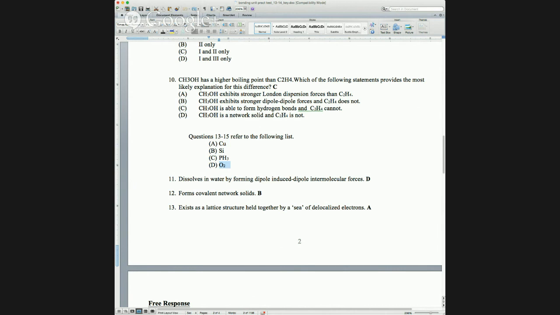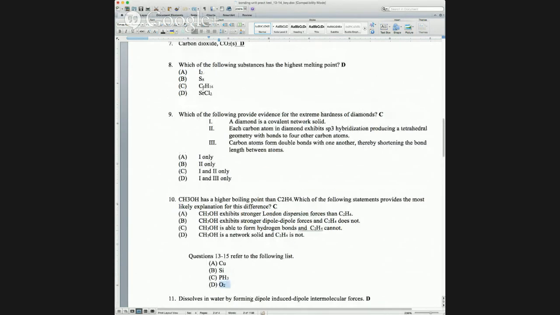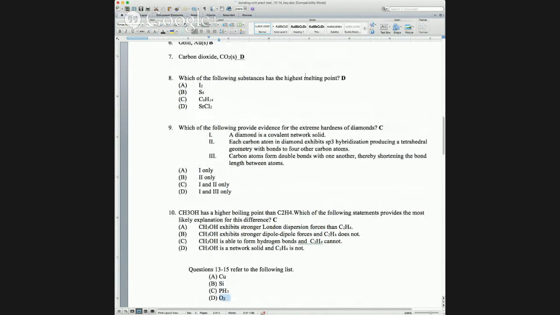All right, Aria has a question on number 8 on the multiple choice. Which of the following substances has the highest melting point? Great question. So I2 is a nonpolar molecule, and it's got a pretty large atomic radius.